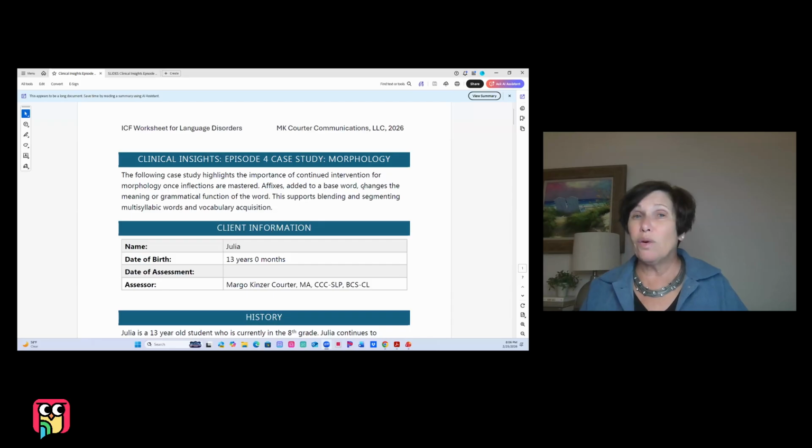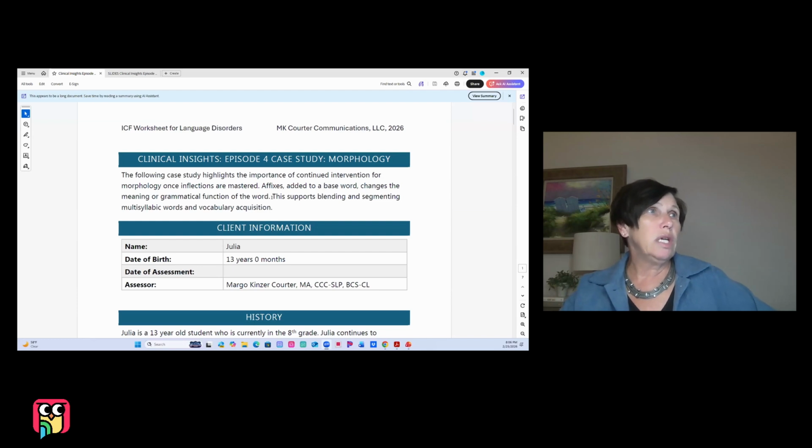Because there really isn't a whole lot of curriculum that works specifically on affixes, but it's in all the academic standards. So it's interesting to think that it is in the standards, it's being measured, but not necessarily explicitly taught.